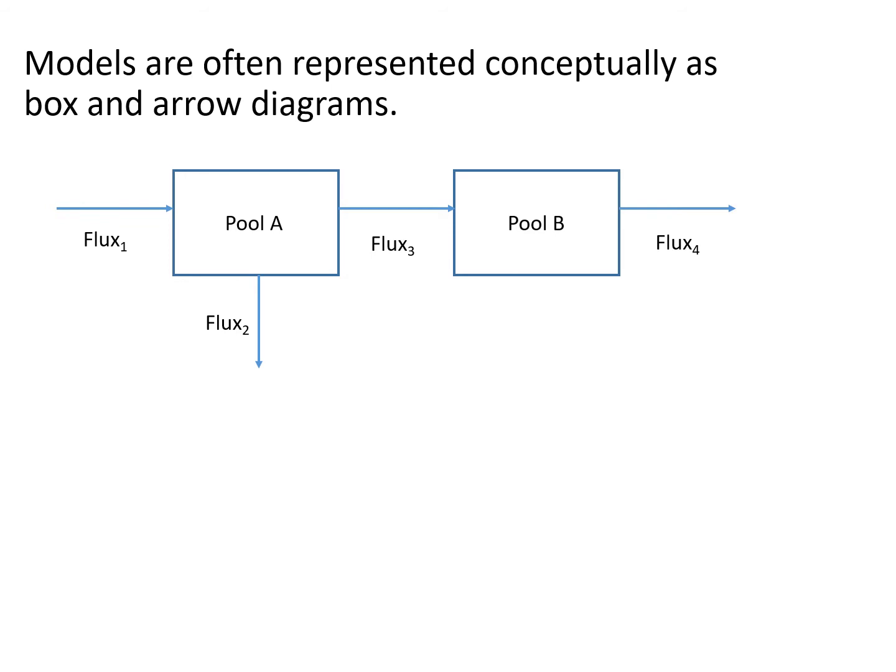And then we have these arrows, and each one of them represents a flux, which is a movement of material into or out of one of the pools. So a pool, synonyms would be a reservoir or a stock or a state variable.